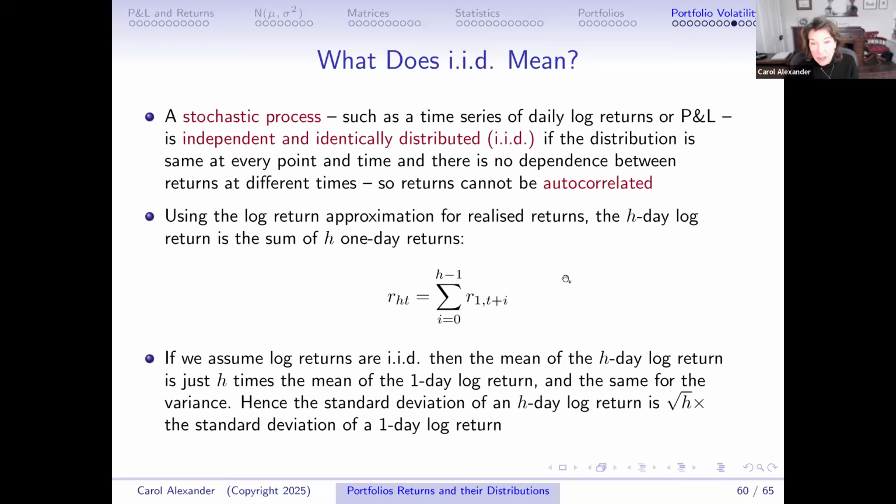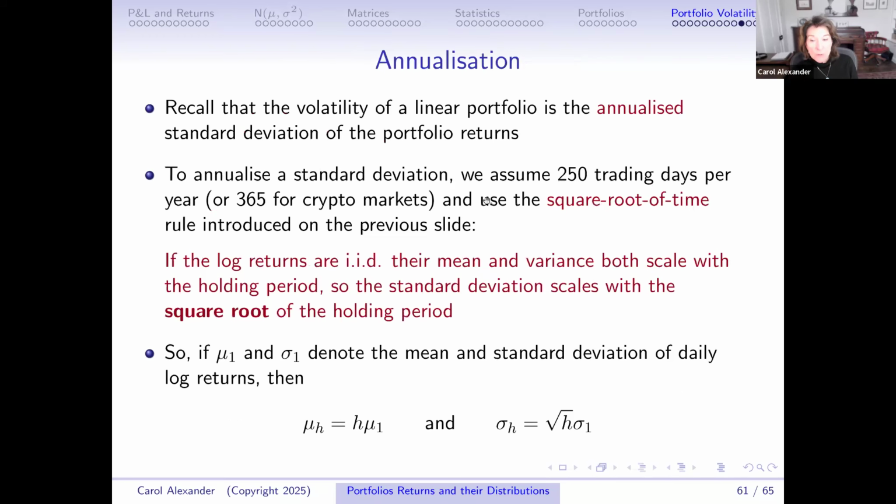So it's just h times the variance as well. So the expectation is h times the one-day expectation because they're all identical, and the variance is just h times the one-day variance. But that means that the standard deviation is the square root of h times the standard deviation of the one-day log return. And that's what we call the square root of time rule.